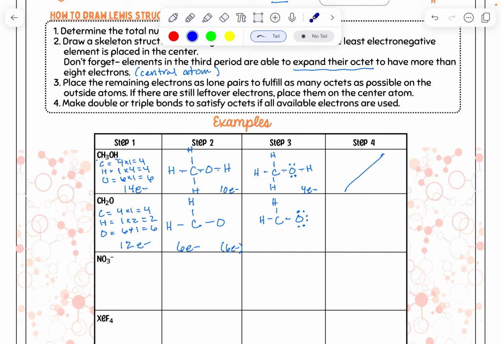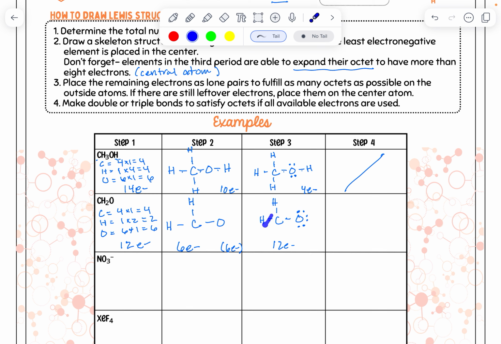So I've used all my electrons. So I have 12 electrons, so I'm good. So now I need to do step 4. Do all of my atoms satisfy the octet rule? So hydrogen has 2, so that's good. This hydrogen has 2, so that's good. Oxygen has 2, 4, 6, 8. Great, it satisfies the octet rule.